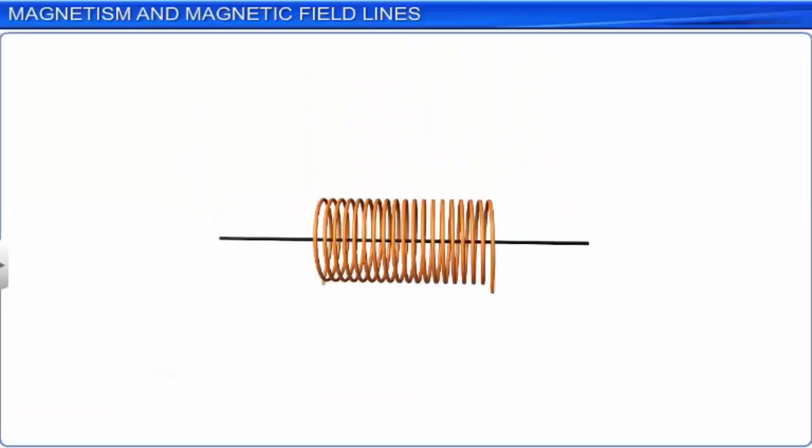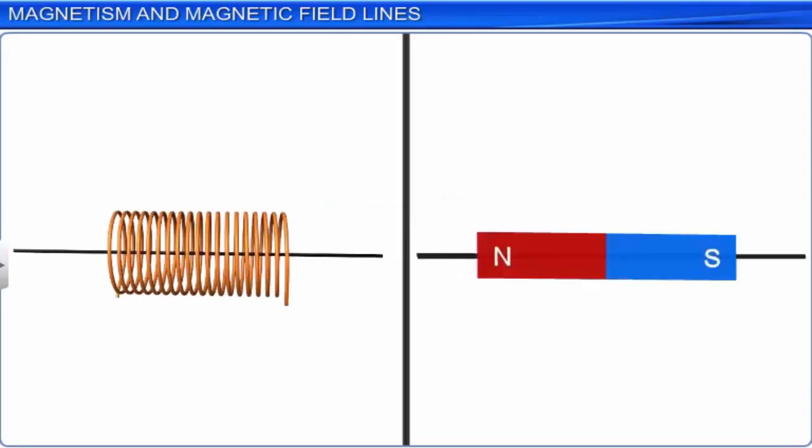To make it more clear that the field due to a solenoid is similar to that of a bar magnet, we calculate the magnetic field induction B at a distant point on the axis of the solenoid and compare with the magnetic field induction at a point on the axial line of a bar magnet.